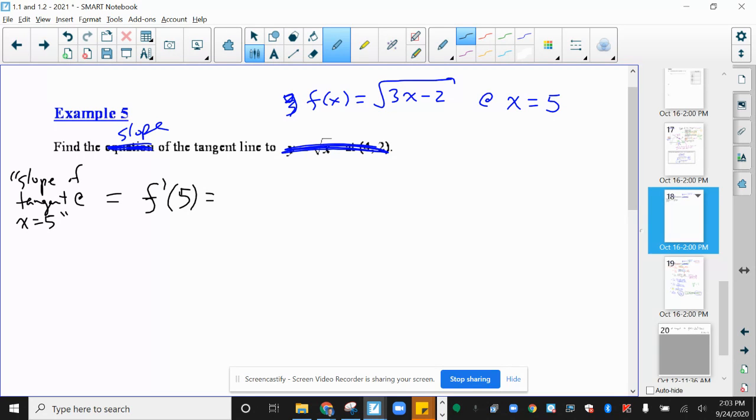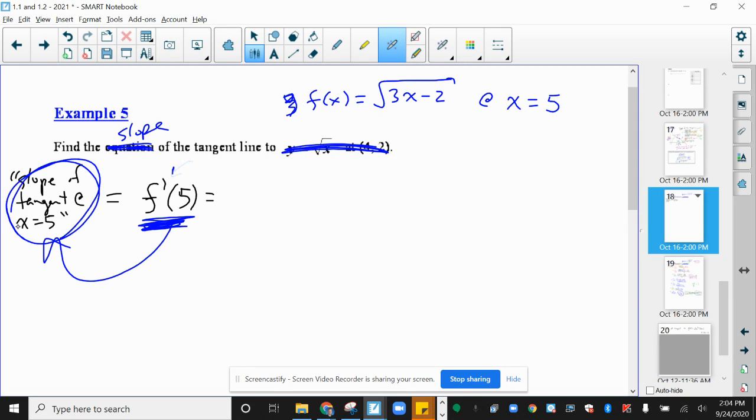So it's an apostrophe between the f and the 5. And this is how we read it. So if you ever see f prime at 5, that's what I'm trying to say. If you ever see prime, it just means slope of a tangent.